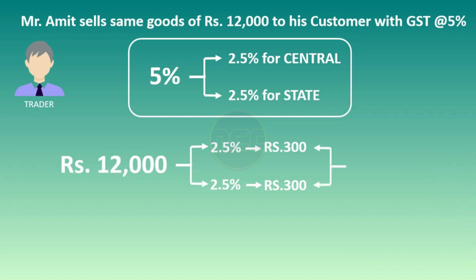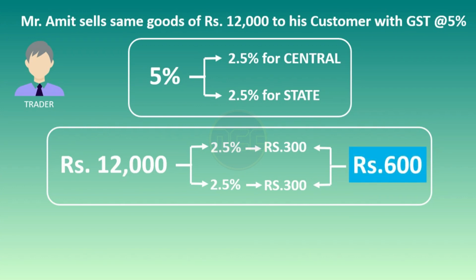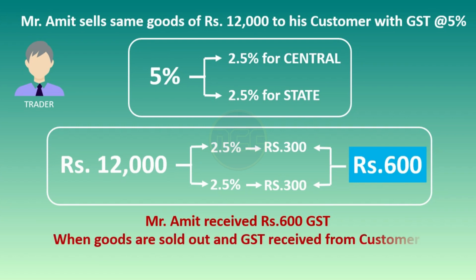So total GST is rupees 600 because 300 is of central government and 300 of state government. And this GST is called output GST. When goods are sold and GST is received from the customer, that GST is called the output GST.